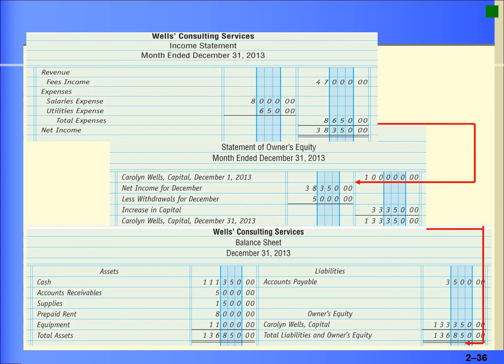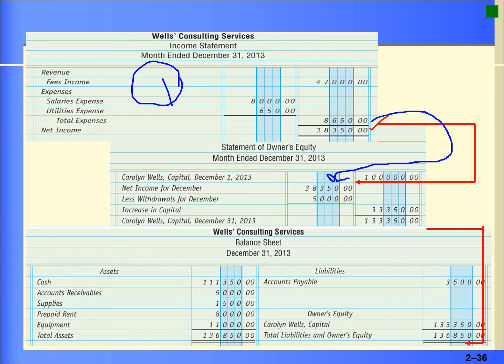Okay, so finally here's a nice little illustration to show you the relationship. Notice at the top you've got your income statement, revenues minus your expenses. Net income was 38,350. And then notice how that number gets transferred to the equity statement. So income statement is number one, and then you transfer that to the equity statement.